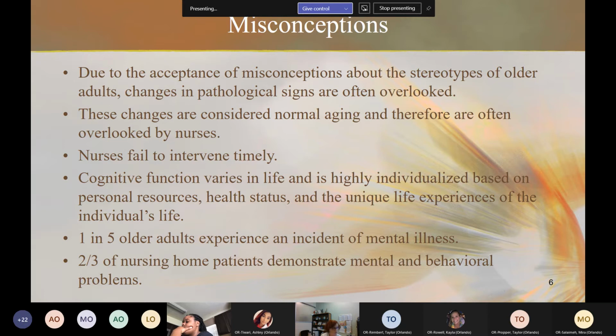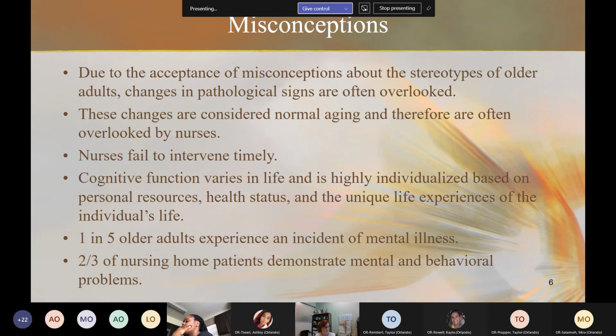1 in 5 older adults experience an incident of mental illness. All right, that mental illness can be many things. It could be depression. It could be some other pathology. But 1 in 5, or some substance abuse, that's another one, 1 in 5.